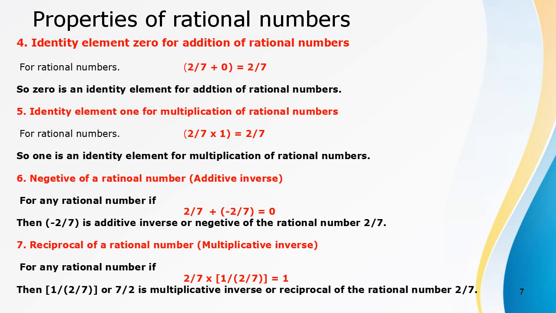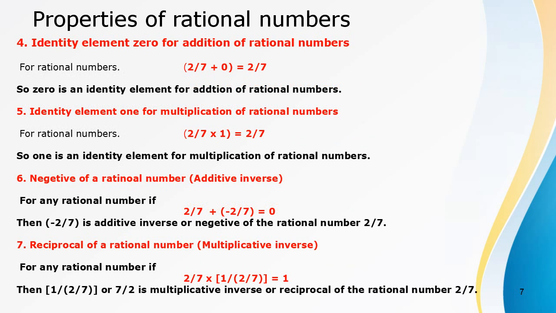If we add 0 to any rational number such as 2 upon 7, we will get 2 upon 7. So we can say that 0 is the identity element for addition of rational numbers. Similarly, if we multiply any rational number by 1, we will get the same rational number. So 1 is the identity element for multiplication of rational numbers.